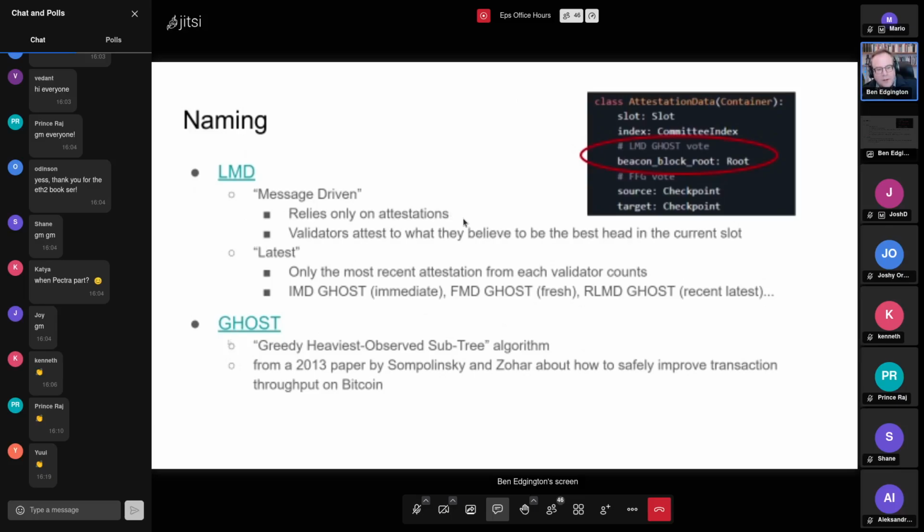The Ghost is more interesting. So this stands for Greedy Heaviest Observed Subtree algorithm, GHOST, and actually dates back to a Bitcoin paper by Sompolinsky and Zohar. And it was really about what would happen if they decreased the block time in Bitcoin.